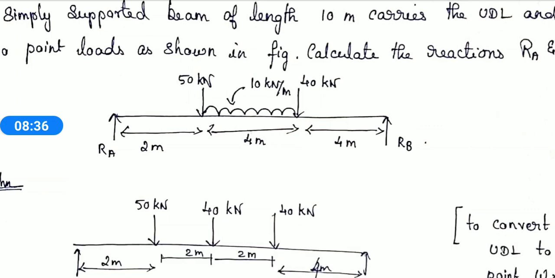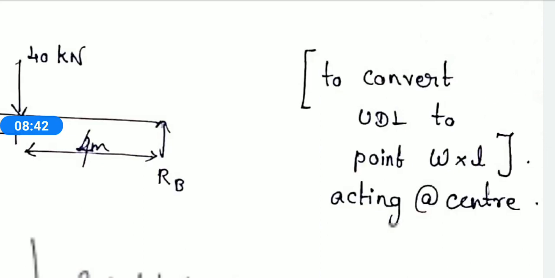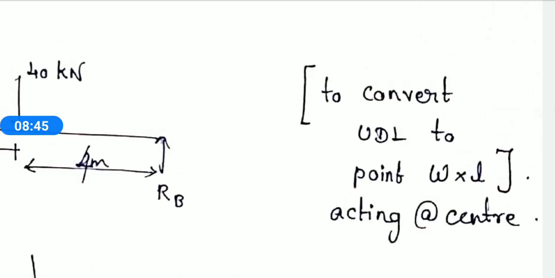The condition to change the UDL into a normal point load is W into L. Whenever we convert the UDL into a point load, we multiply the load by the length, and it will act at the center of the section. This is the condition for the UDL.